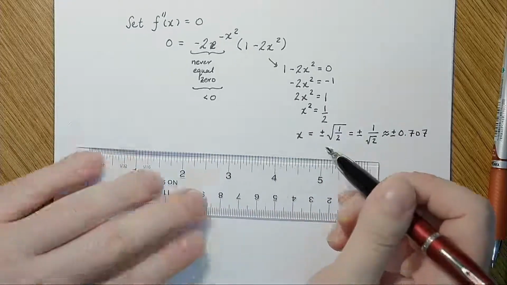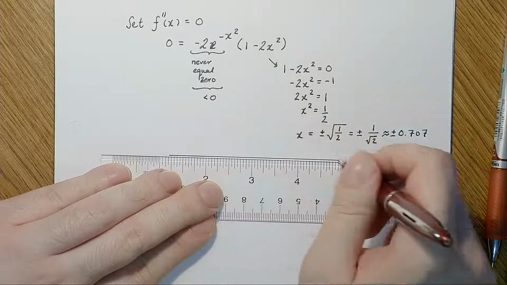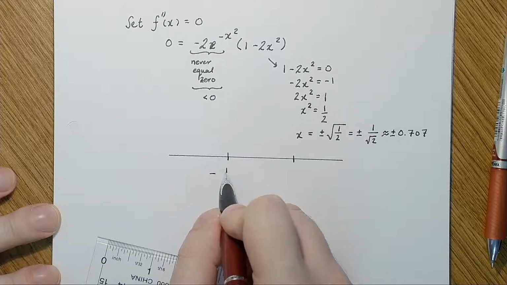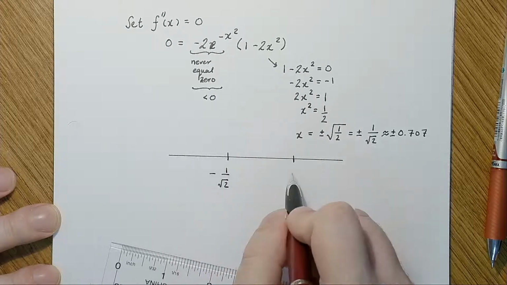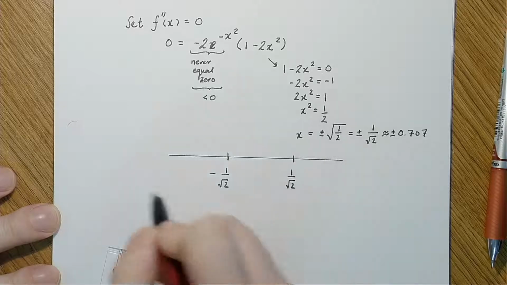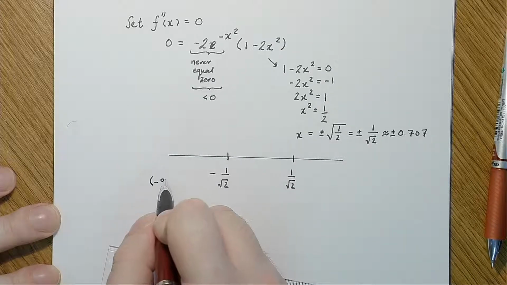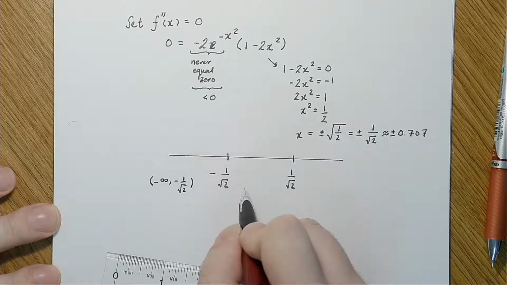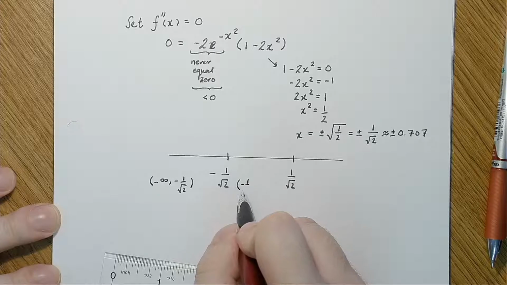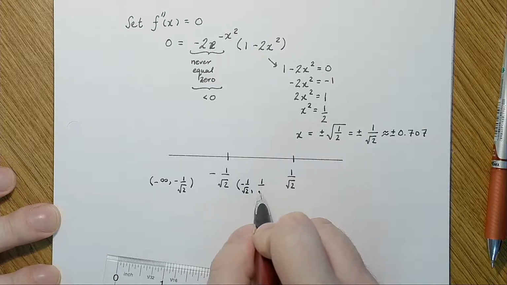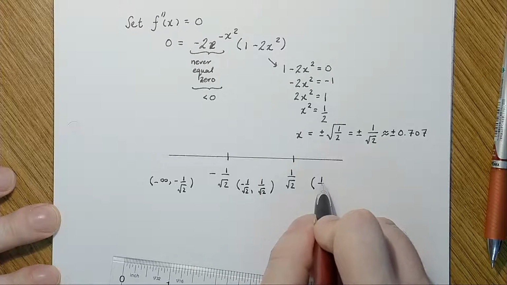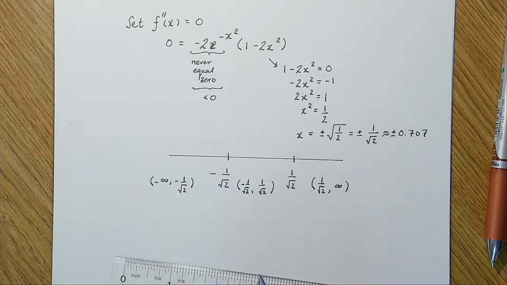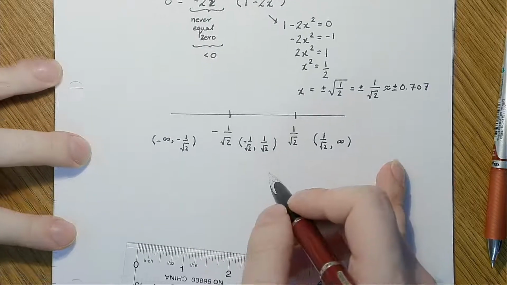From that, I can use those critical points to break up my interval that I need to look at for the concavity.